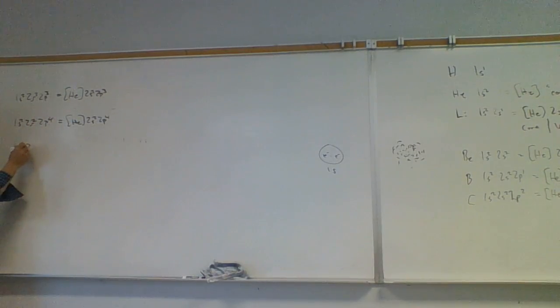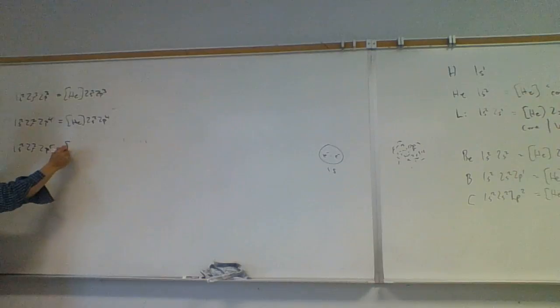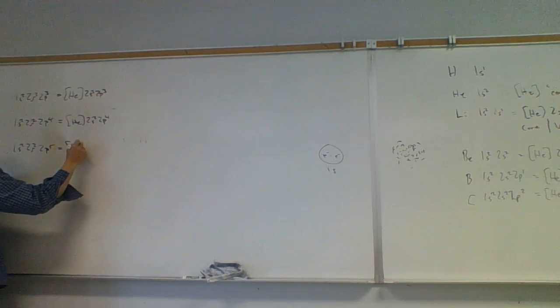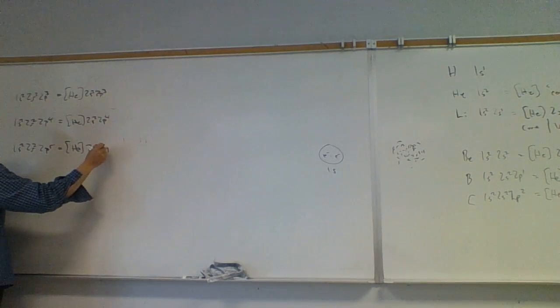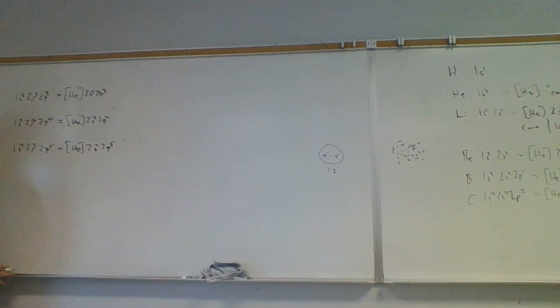Next, 1s2, 2s2, 2p5, which would be the helium core, 2s2, 2p5. Oh, did I screw that up? 7. Yeah, I screwed this up. I shouldn't have said nitrogen, I've got to go the other way.